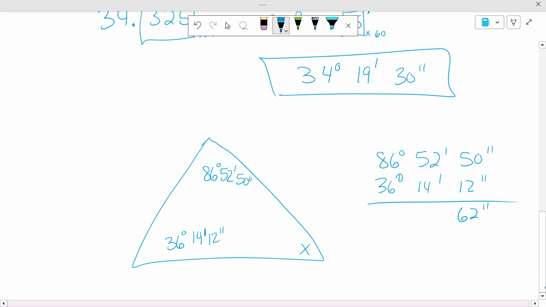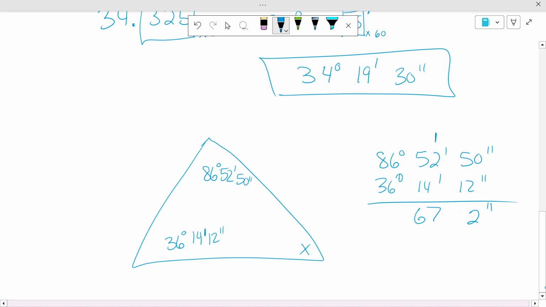Can you have 62 seconds in a minute? No. So what I have to do is change this to 2 seconds and add 1 up to here, because you're adding a minute. Okay, because it was 62, which is 2 plus a minute. So if we add a minute to here, we get 53 plus 14. 53 plus 14 is 67.